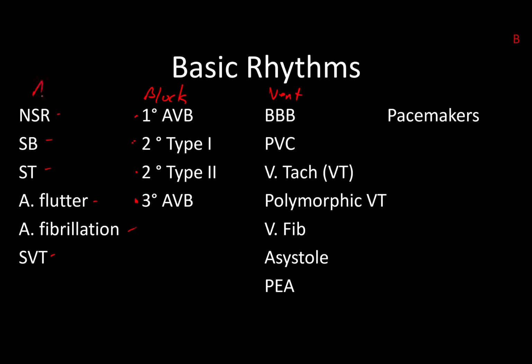You've got your bundle branch, PVCs, premature ventricular contractions, VTAC, polymorphic VTAC, VFib, asystole, and then PEA, which is actually pretty straightforward. And finally, the pacemakers themselves. I do want to add one in here, and it's going to be PACs. Those will also be included in the atria.